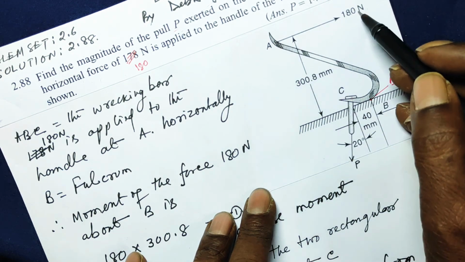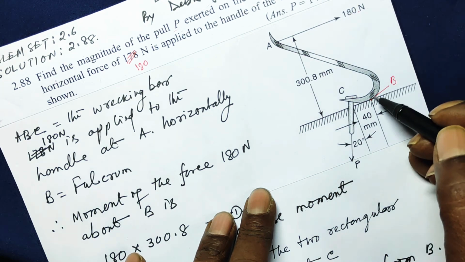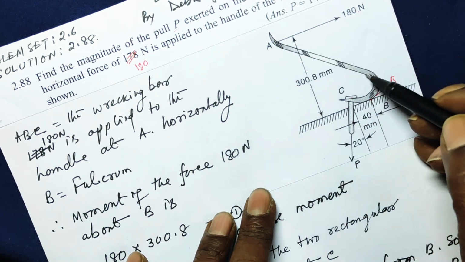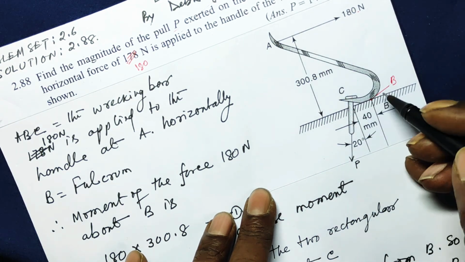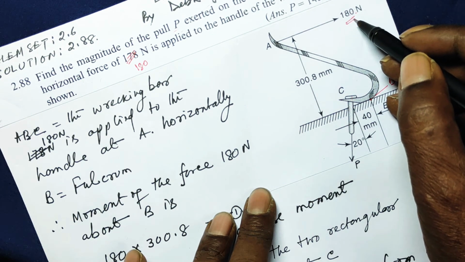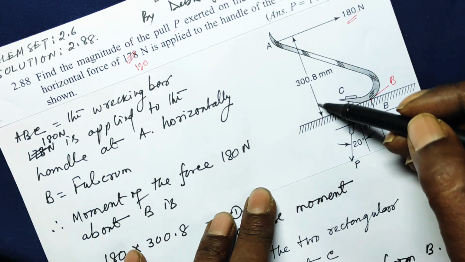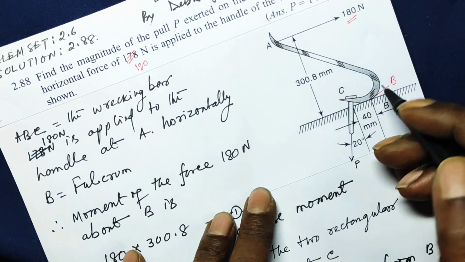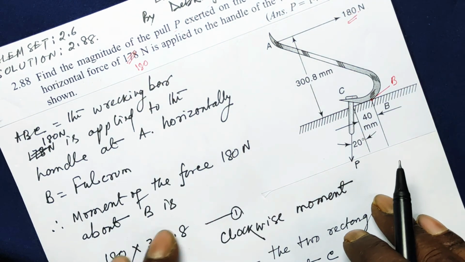So due to this 180 Newton, the raking bar ABC is turning about the point B. This 180 Newton force has a perpendicular distance of 300 millimeter.